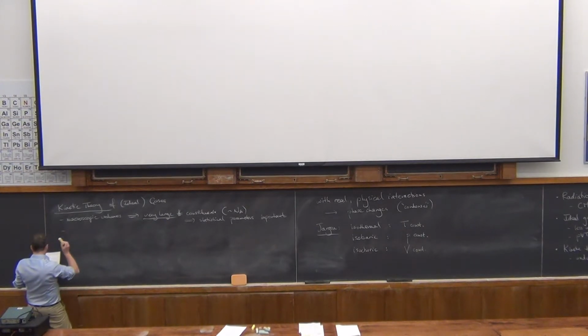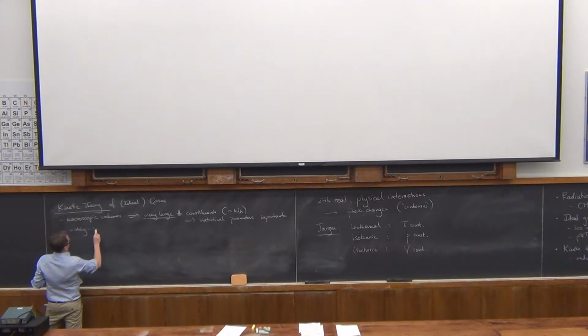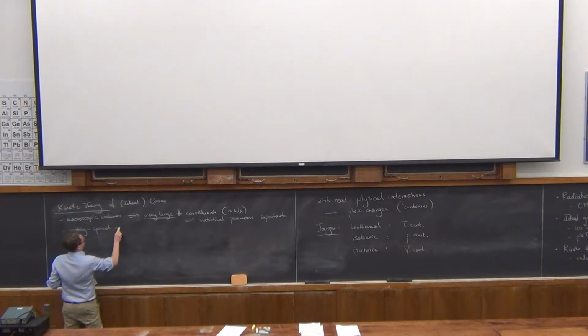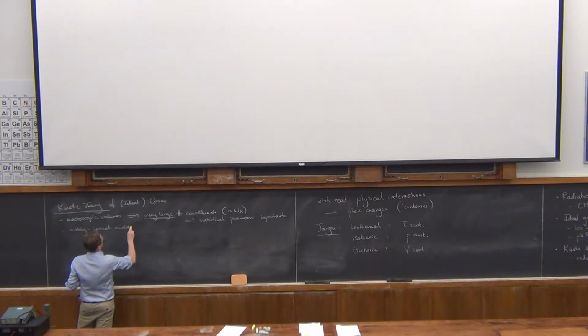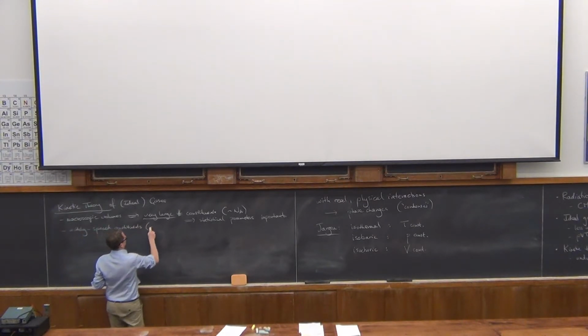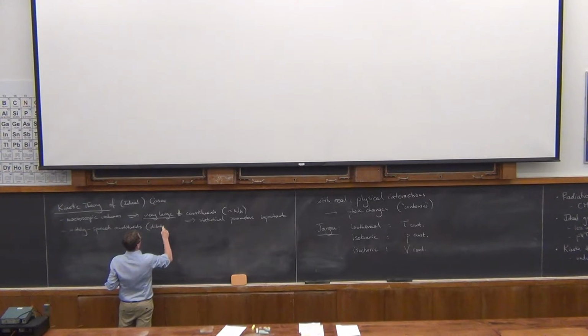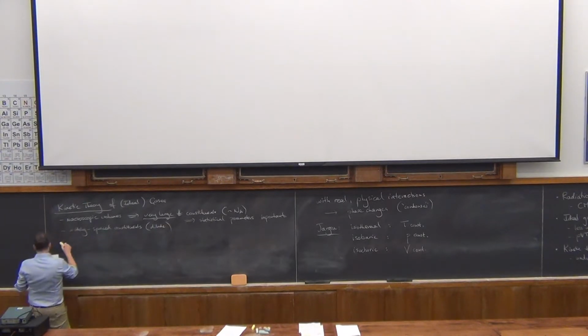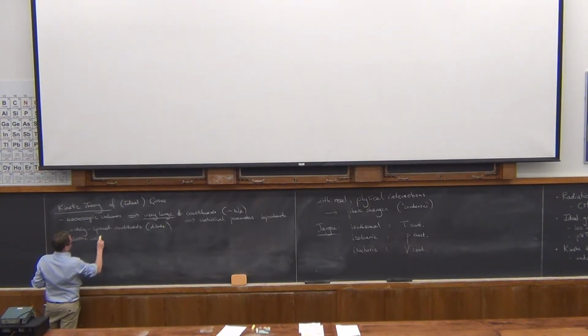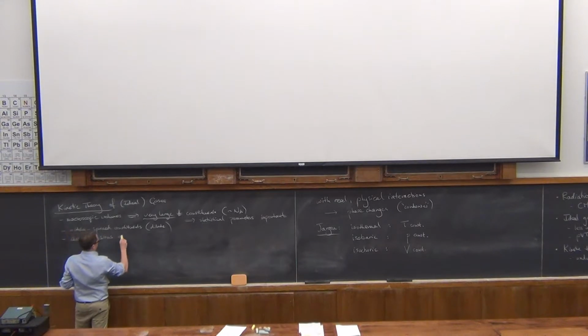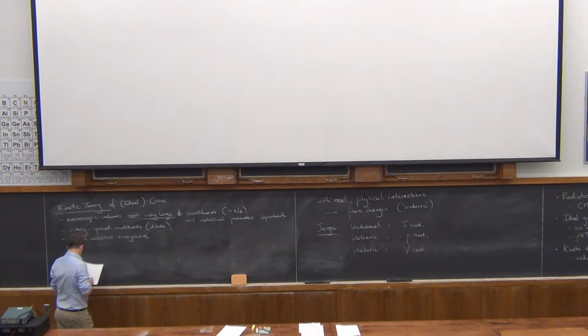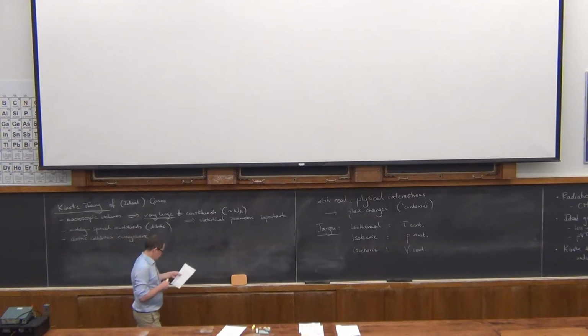There's one thing: we're assuming again dilute, so we've got widely spaced constituents, and we've basically got elastic collisions of those constituents, both with each other and with the walls.